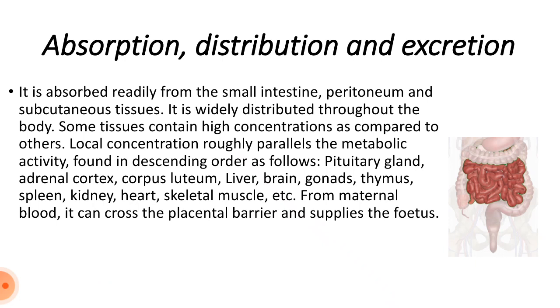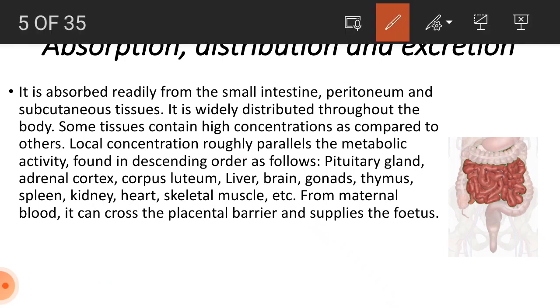Absorption, distribution and excretion. First of all, vitamin C is readily absorbed from the small intestine, peritoneum and subcutaneous tissues. It is widely distributed throughout the body. Some tissues contain high concentrations as compared to the others.